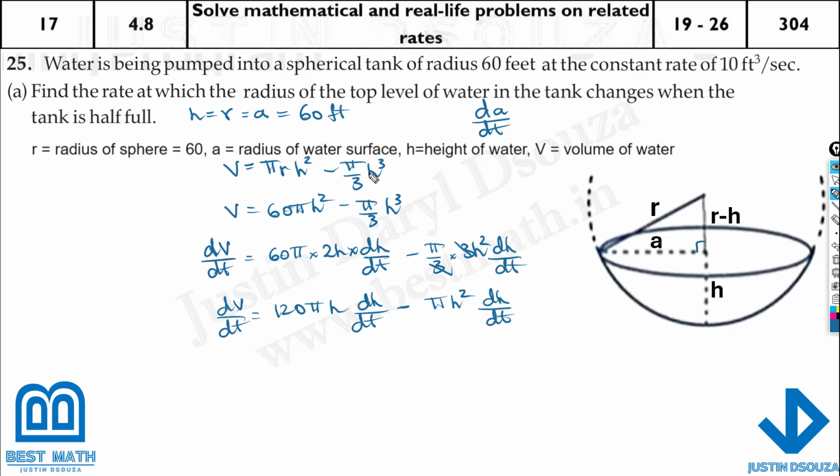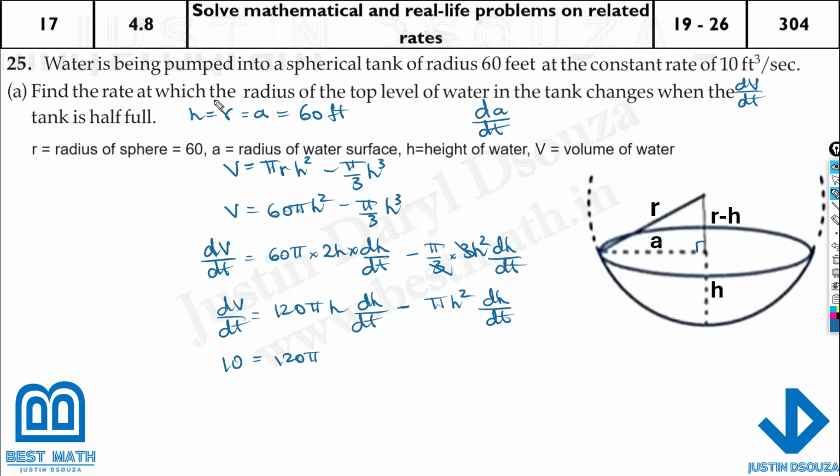We can't directly apply the radius of the water. A cannot be applied. So we will solve this. Now dh by dt is there, that can be taken common, and all the other terms I'll take to the other side. But before that, let me substitute the values, it'll be easier. This is the dV by dt given, that's 10, that is equal to 120 pi.